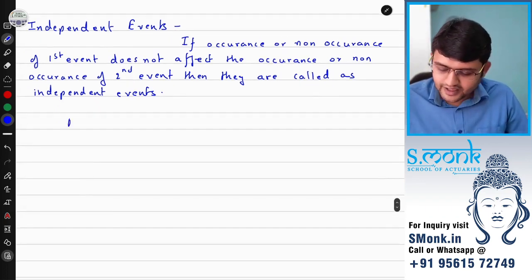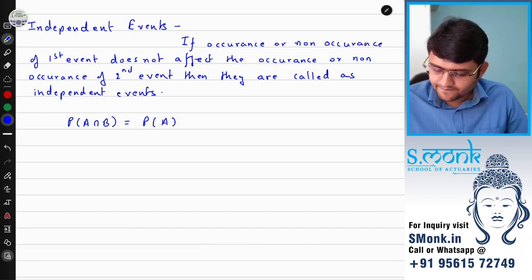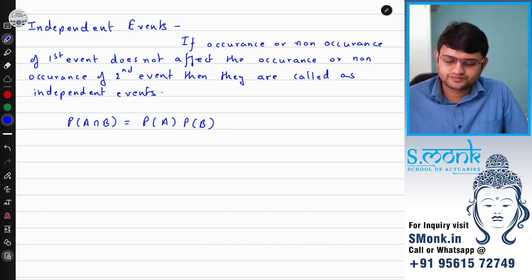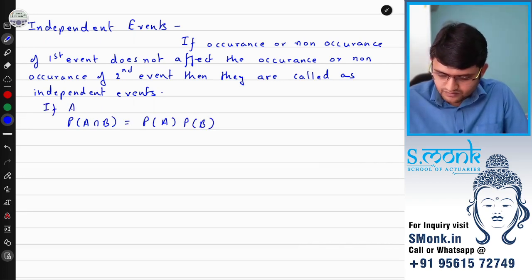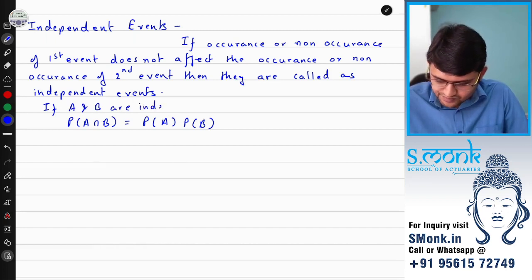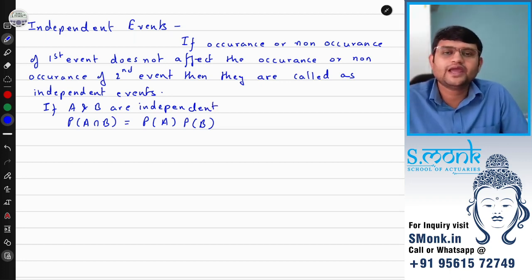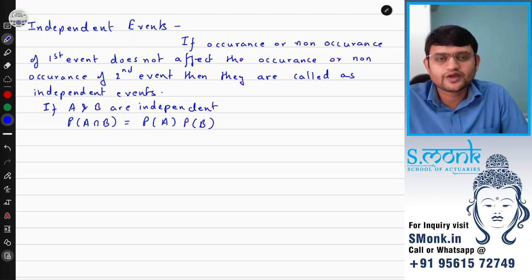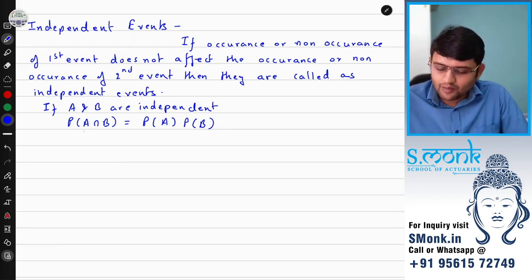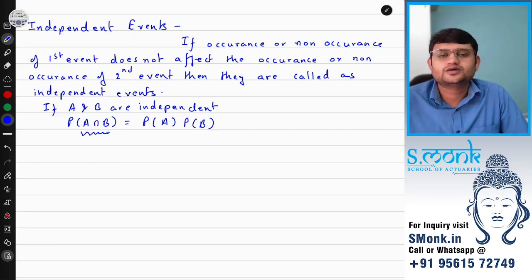Mathematically, we represent it as follows. If A and B are independent, then the probability of A intersection B is equal to the probability of A times the probability of B. That means both of them occurring together.